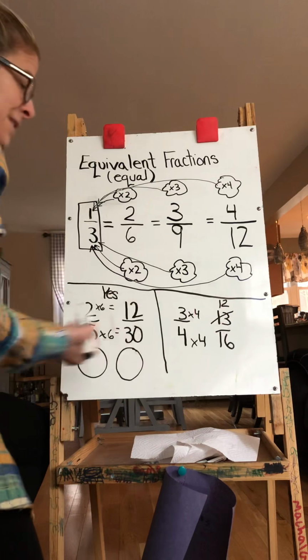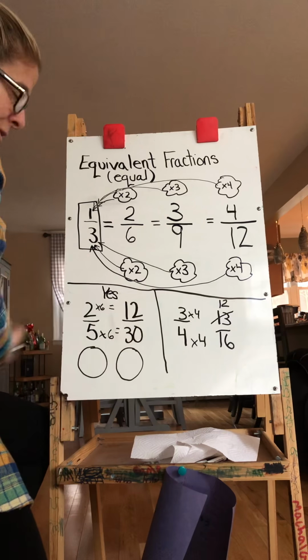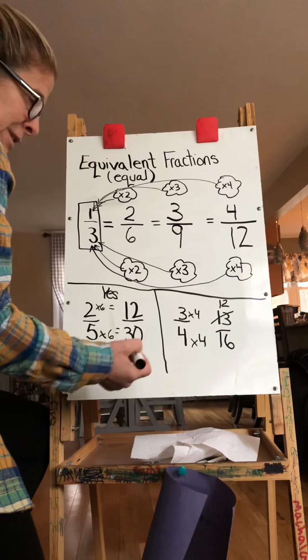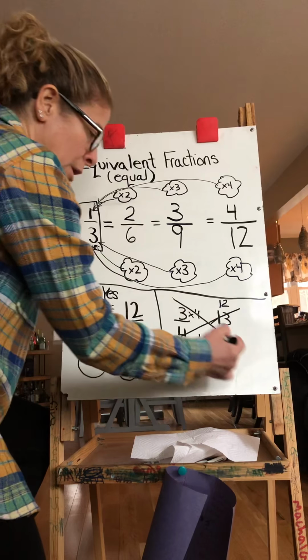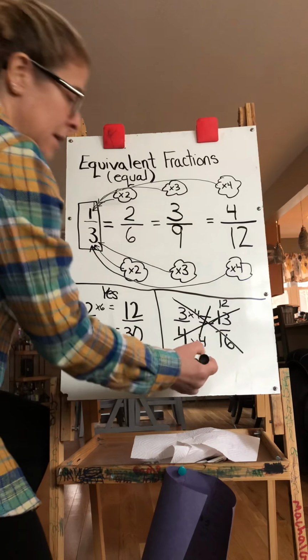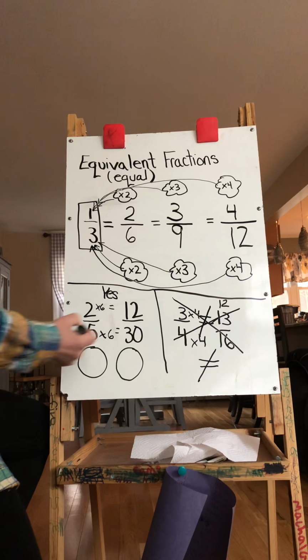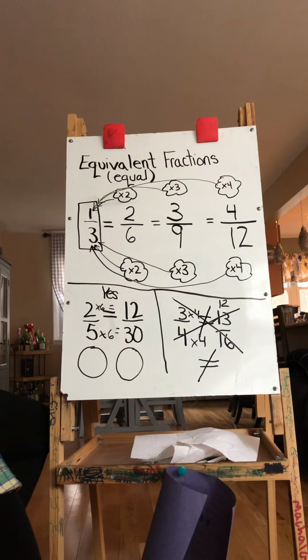So 12/16 would cover the same amount of surface area as 3/4, but not 13/16. So no, those 2 fractions are not equal. They are not equal. These are equal.